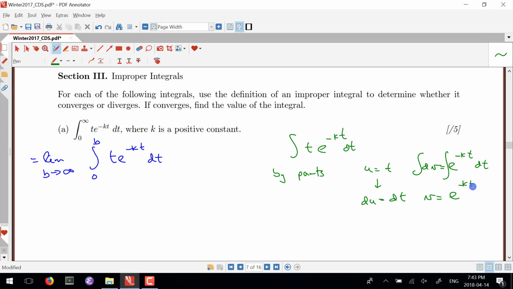This is a negative k multiplier for the t. When we integrate, those constants come in the denominator because we're anti-differentiating, and then we can use our integration by parts formula to replace this integral here with t times e to the minus kt over minus k, minus the integral of e to the minus kt over negative k times dt.